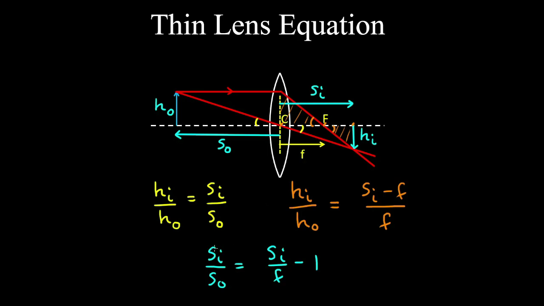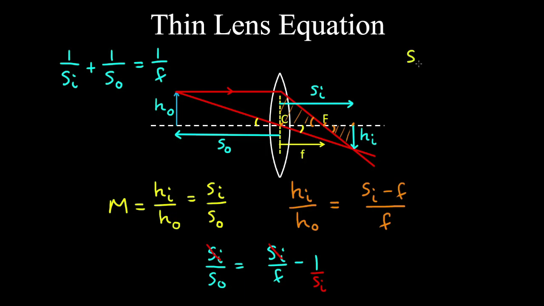And then if we divide through by SI and solve for the reciprocal of the focus, we get the reciprocal of the distance to the image plus the reciprocal of the distance to the object is equal to the reciprocal of the focal length. And the magnification of the image is the ratio of the height of the image to the height of the object.